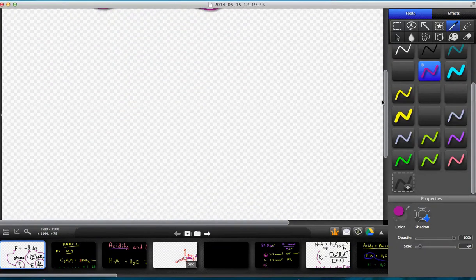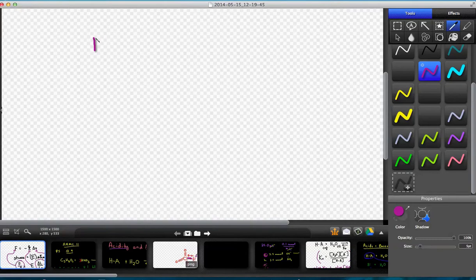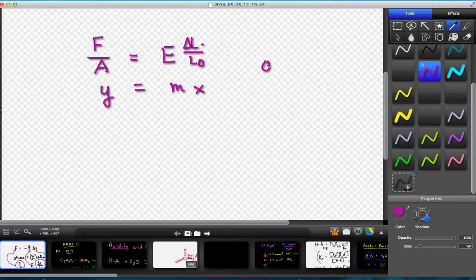And so if I graph stress as a function of strain, it is the same as y equals mx. b is 0, so it goes through the origin, and it's directly proportional, which means straight line.